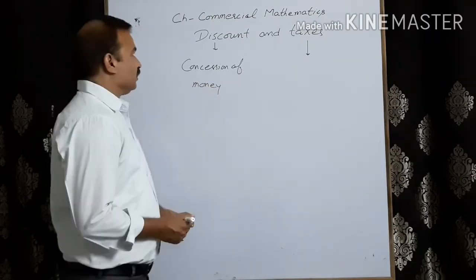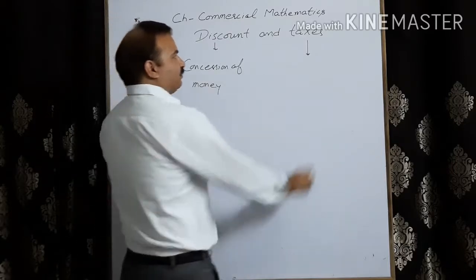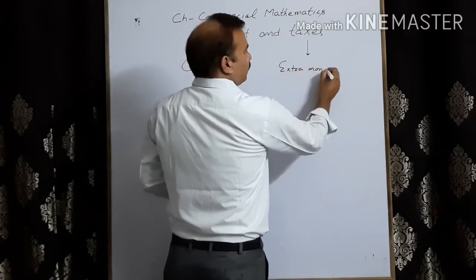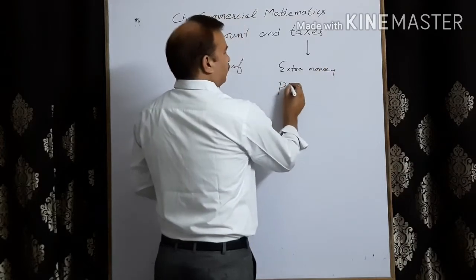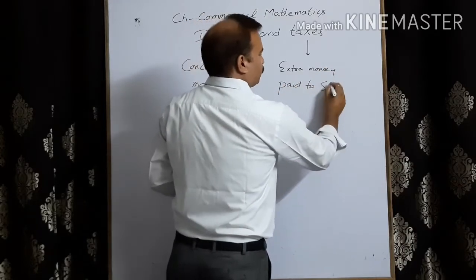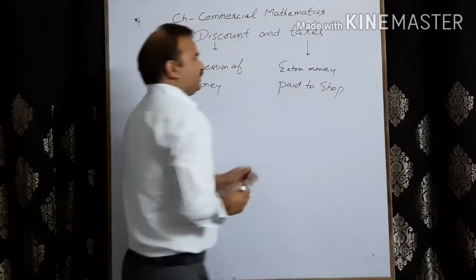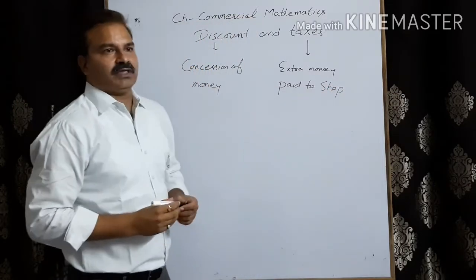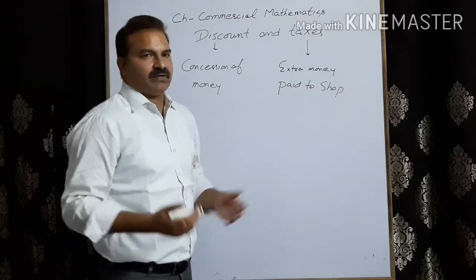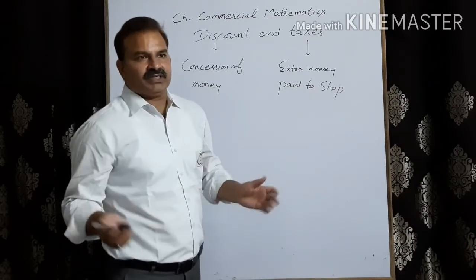Whereas tax means the extra money paid to the shop. Now this tax is basically for the government. Whatever tax we pay, because of that we are having roads, bridges, railway service and all.